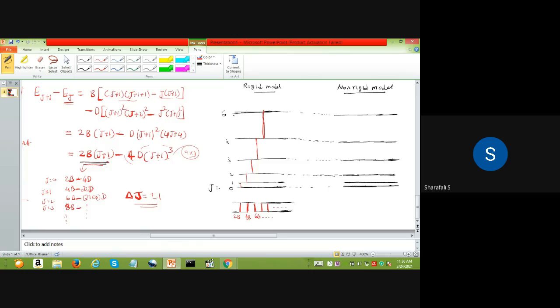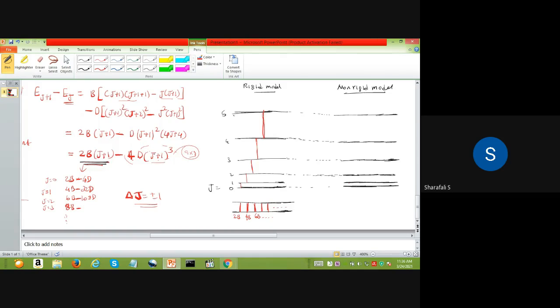I will calculate one more. So 27 into 4, 25 into 4 is 100, and 8 more, so this is 108. That will come as 108d. The next one will come as j equal to 3.